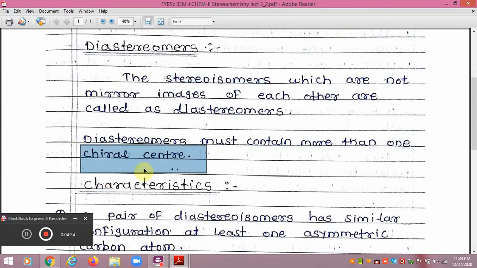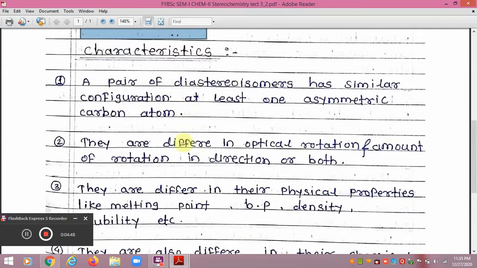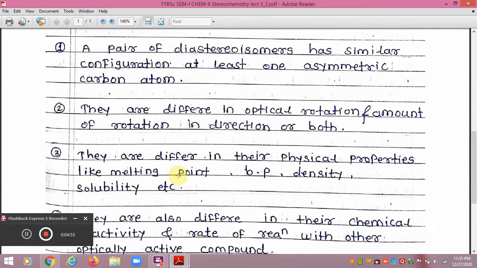There are some characteristics shown by diastereomers. A pair of diastereomers has similar configuration at least at one asymmetric carbon atom. They differ in optical rotation, in the amount of rotation, in direction, or both.